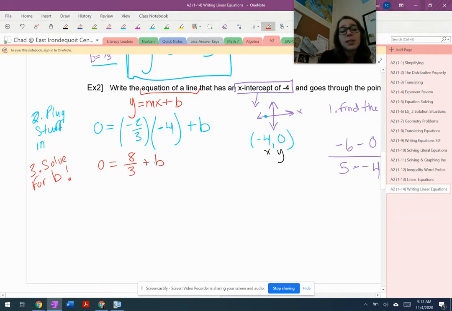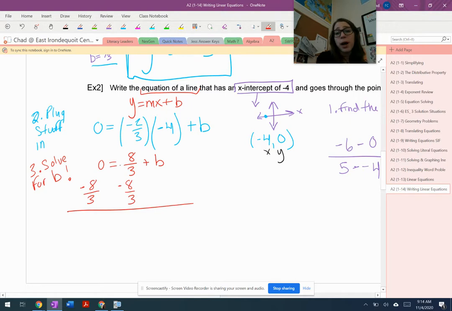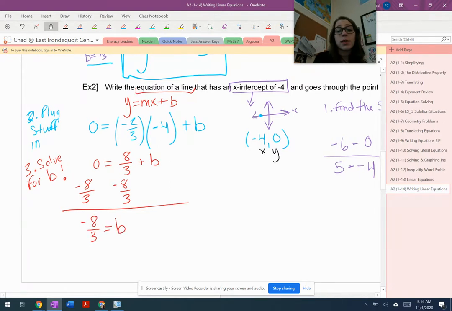That's a positive 8/3. The opposite of a positive 8/3 is a negative 8/3 here. The biggest mistake you're going to make here is trying to multiply by the reciprocal, but you've got to watch out that that's not the operation going on between the 8/3 and the b. It would have to be multiplication to do that. So last but not least, b is equal to -8/3.